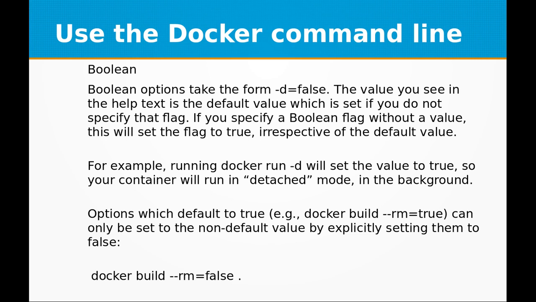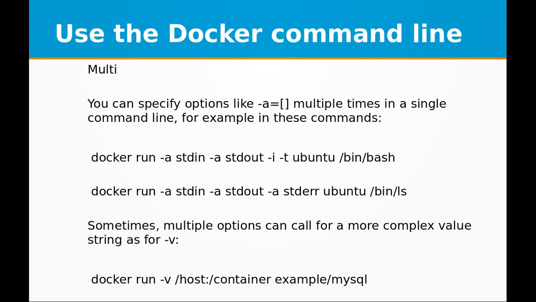So your container will run in detached mode in the background. Options which default to true, for example docker build --rm=true, can only be set to the non-default value by explicitly setting them to false. So you can say to docker build --rm=false.